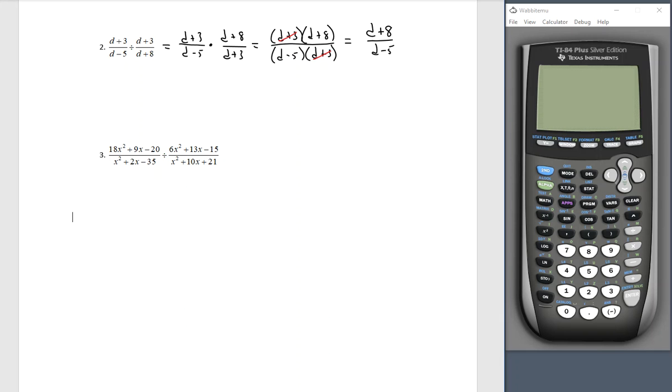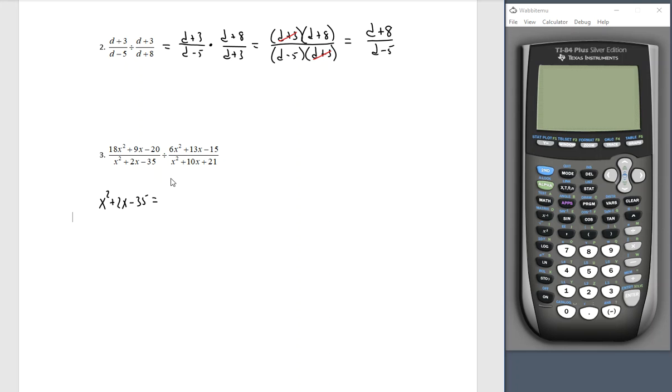so let's start by factoring. And when I'm looking at all of this, I'm thinking this is easier to factor. Because it has an x squared. I'll get to this one next.